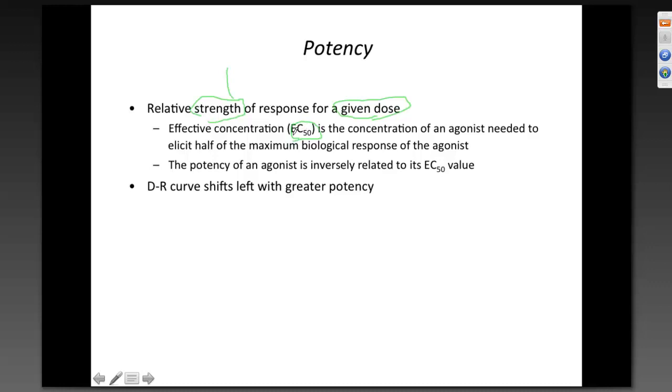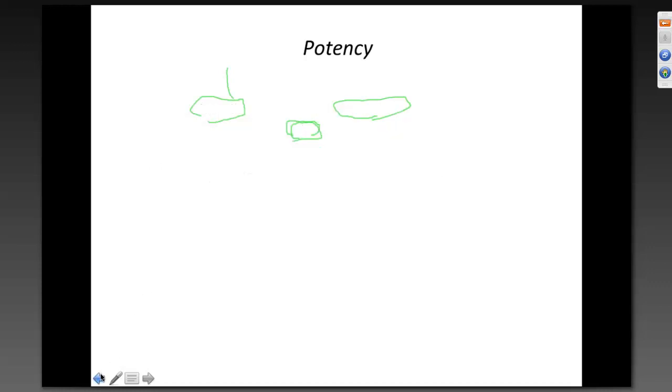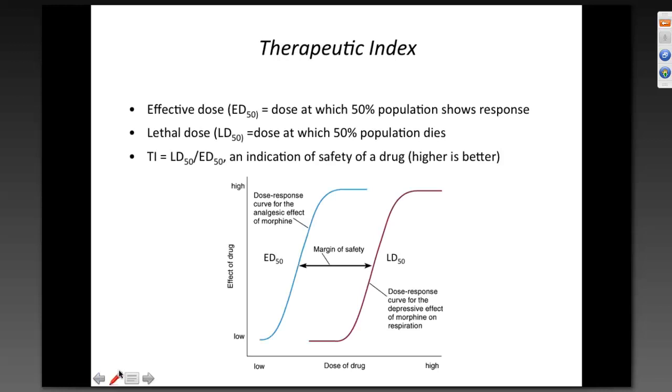Okay, so EC50 is the concentration that you need of that drug to get half of the maximum response. Now, you know what, I should go back because I shouldn't make it that simple. It's going to sound oversimplified. I want to show you something here.